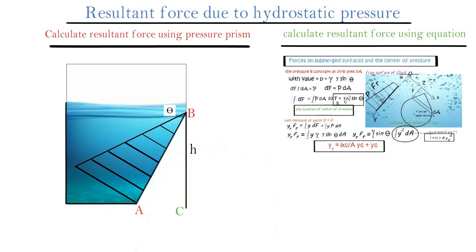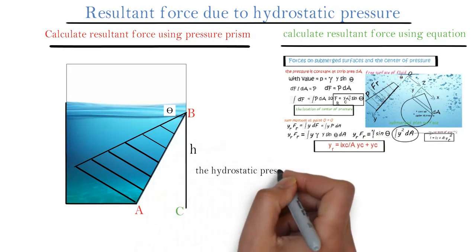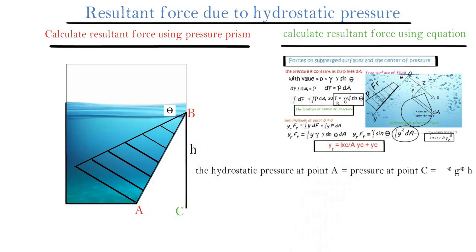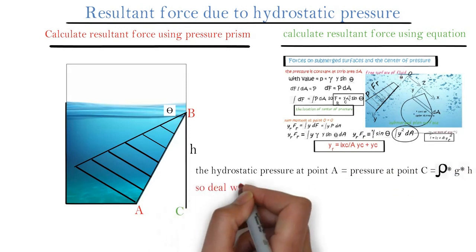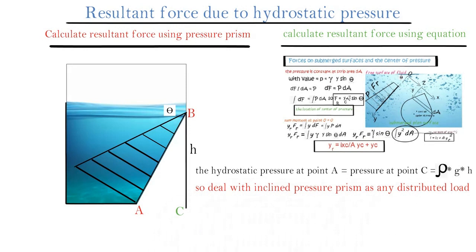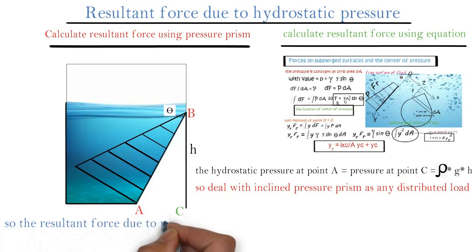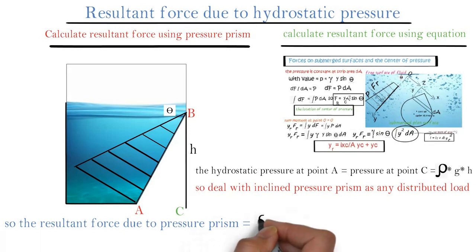At point A, the pressure equals the pressure at point C, which equals rho g h. You deal with the inclined pressure prism as any distributed load. The value at the base of this prism equals rho g h, as for any vertical submerged surface.